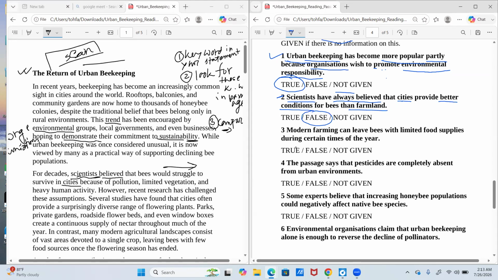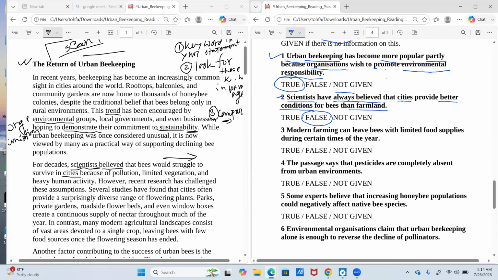So, let's solve number 3. It says modern farming can leave bees with limited food supplies during certain times of the year. So I would request you to again unmute yourself and try answering the keywords or clues. Okay, I'll go with modern farming.